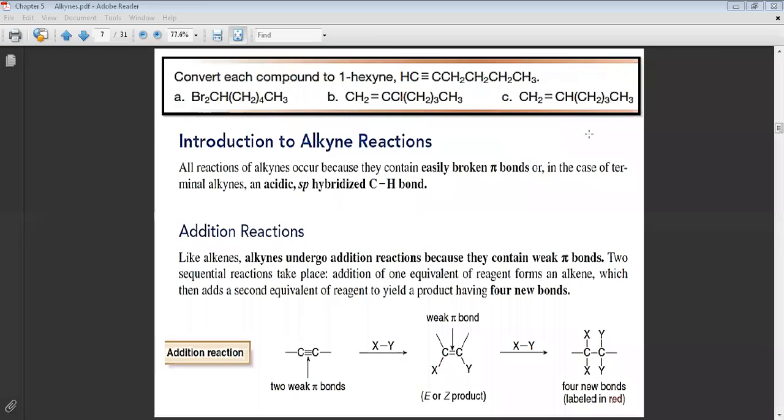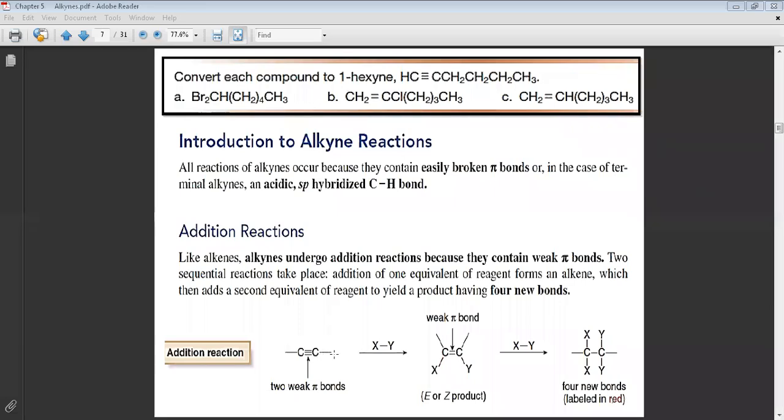In the case of the terminal alkyne, we know the terminal alkyne is an acidic compound. What does terminal alkyne mean? It means the triple bond is at the end of the chain, so one of the carbons, triple bonded, has a hydrogen atom.